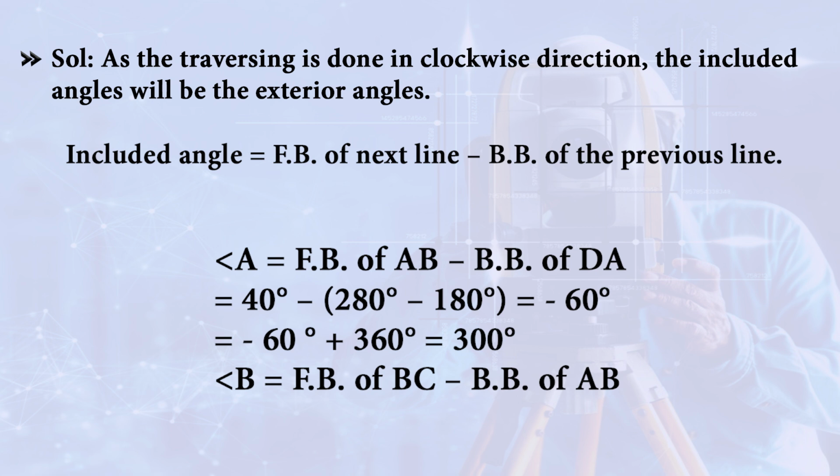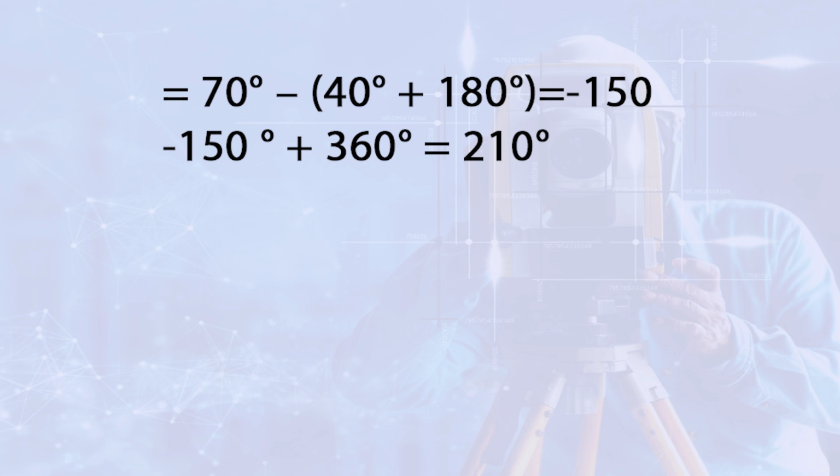So, included angle A will be 300 degree. The included angle B can be calculated as forebearing of BC minus back bearing of AB. Forebearing of BC is given as 70 degree and back bearing of AB we have to calculate. How can we calculate it? As forebearing of AB is given as 40 degree, we will add 180 degree to it and we can calculate back bearing of AB.